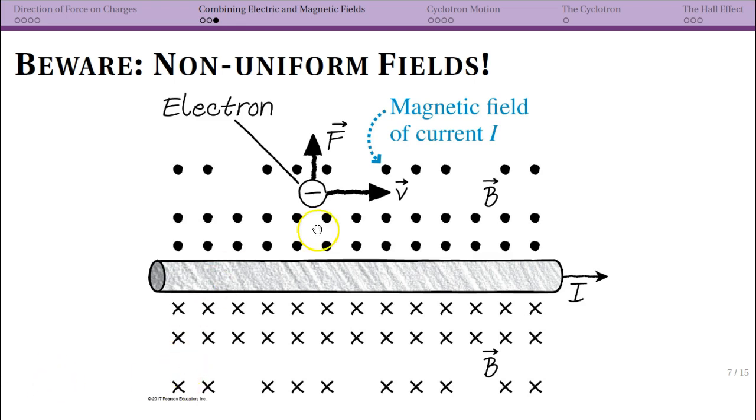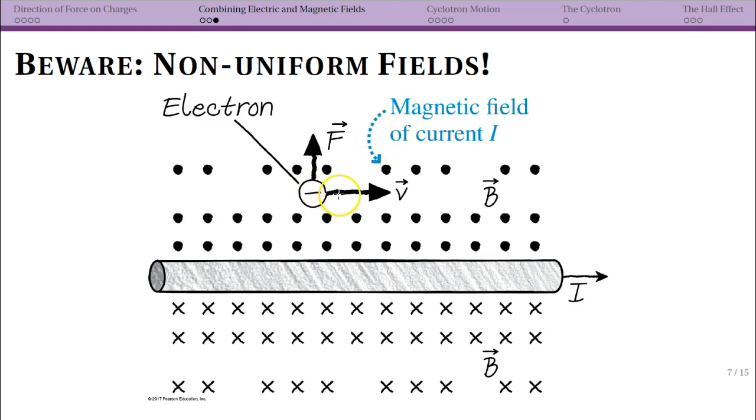So now note that if we have a charged particle moving near a wire, that magnetic field varies in strength depending on the distance you are from the wire. So in this one spot in space, we can calculate what the force is on the particle. And the particle is going to experience an acceleration upwards, right? It has a force upwards, and it's also traveling to the right. But that means that the velocity direction is going to be changing. Again, we'll talk about what that usually means in the next section.